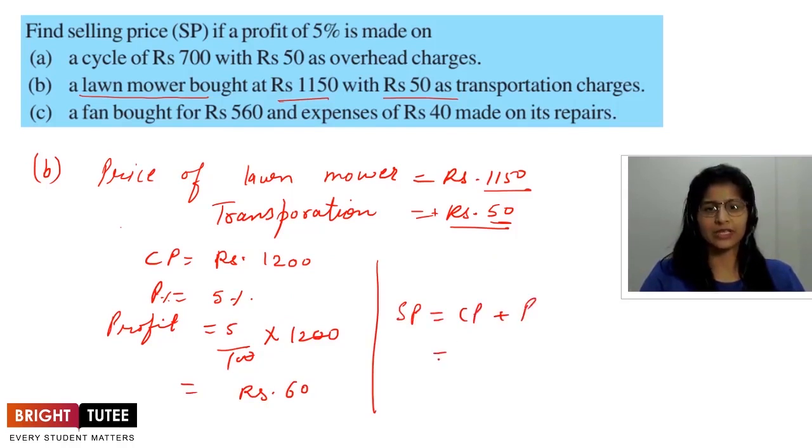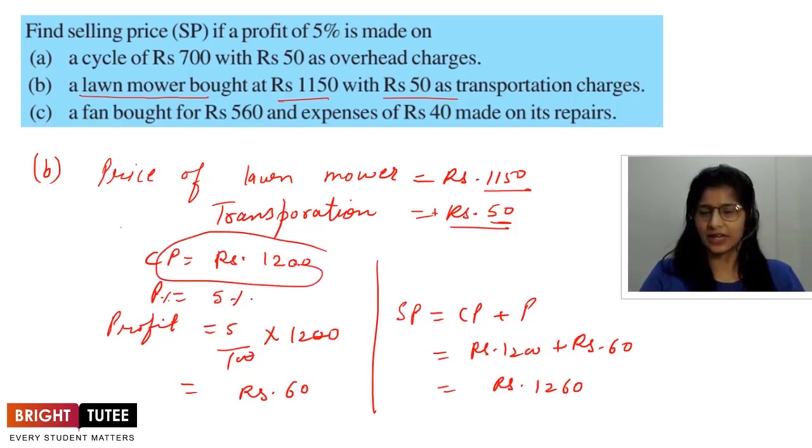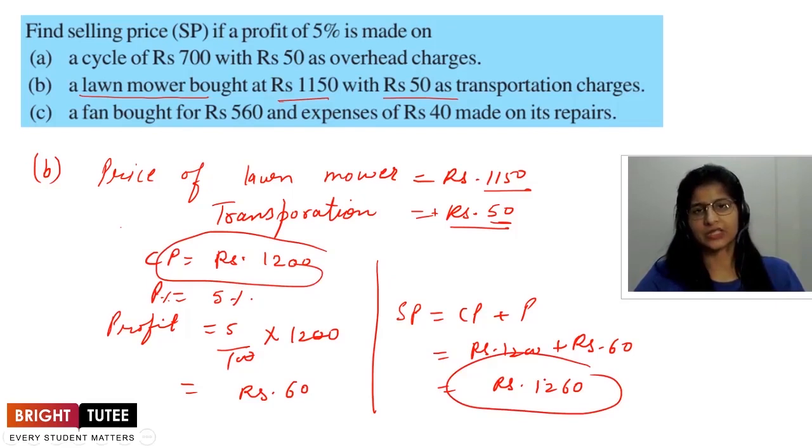Cost price plus profit. Cost price is rupees 1200 plus profit is rupees 60. So the selling price is 1260. That means you bought it for 1200 and you have sold it for 1260. So you are at a profit of 60 rupees, 5% of it. Clear? Let's see the third part.